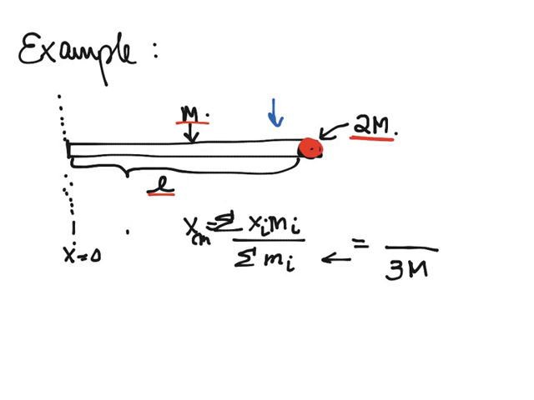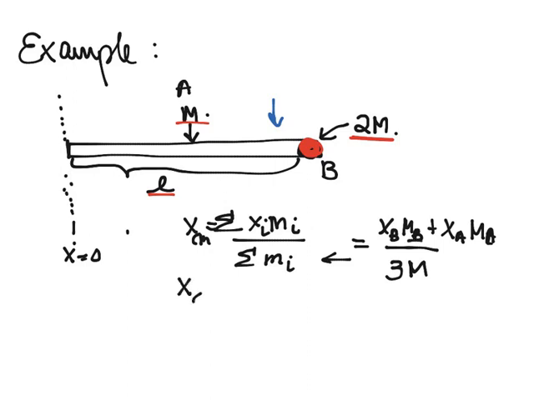Now, on the top, I'm going to name my objects. I'm going to say the meter stick is object A, and my blob of Play-Doh is object B, so I have x_B m_B plus x_A m_A. Remember the meter stick is A and the blob of Play-Doh is B.